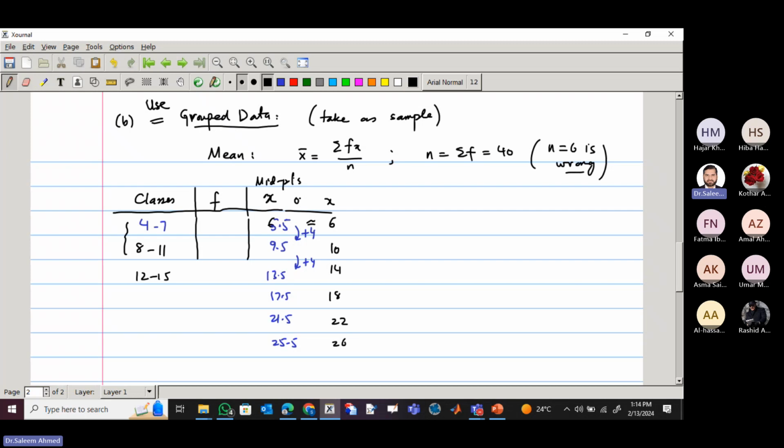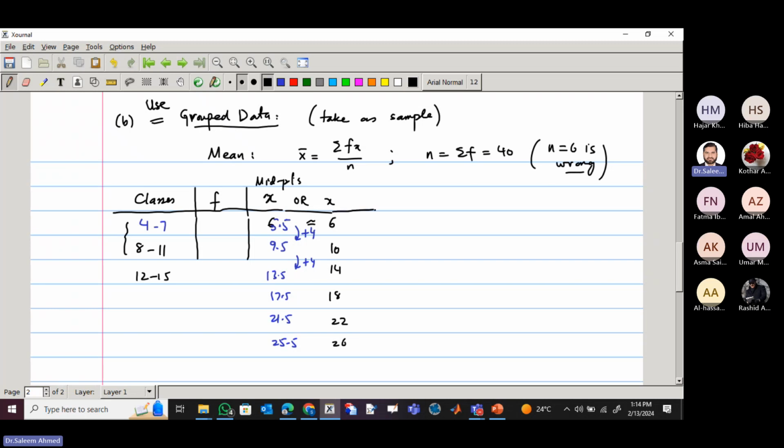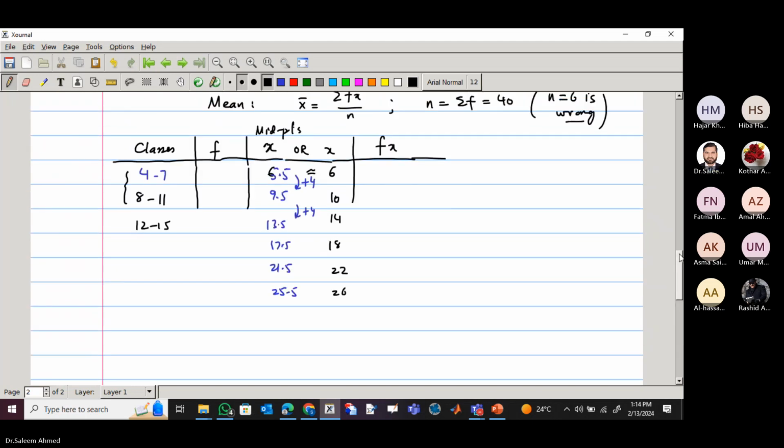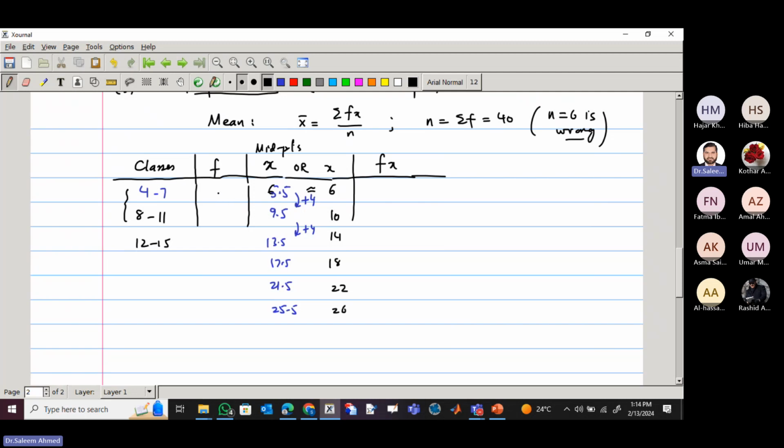Okay, your choice. Using 6, 10, 14 is easy because next you have to multiply the frequency with X, so it's better if you use this one. But if you use 5.5, nothing is wrong. The frequencies are 11, 9, 10, 6, 2, 2.